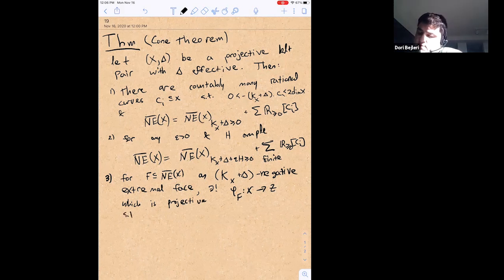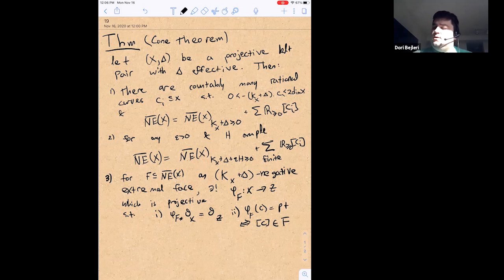Satisfying the properties 1, the push forward of O_X is O_Z, and 2, for any curve C, φ_F of C is contracted to a point if and only if this curve has class in our face. And then finally 4, that line bundles pull back as you might expect by this extremal contraction.